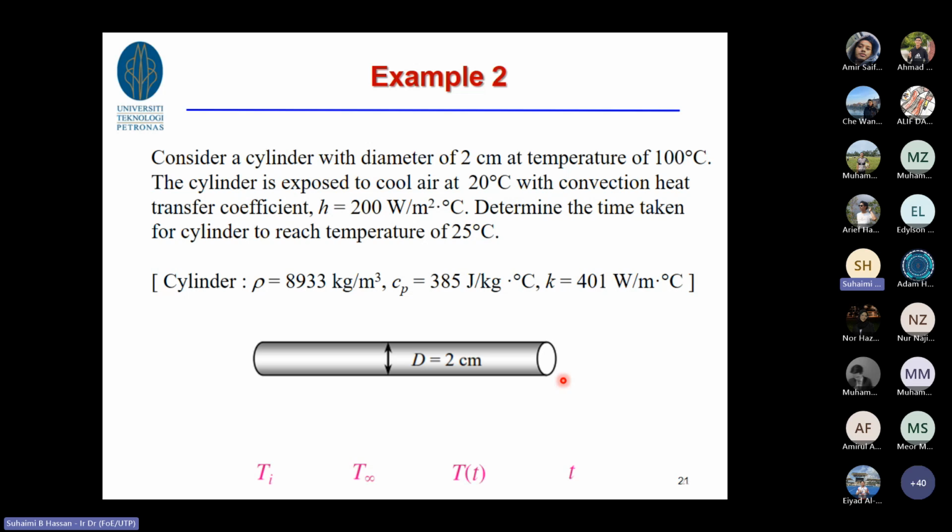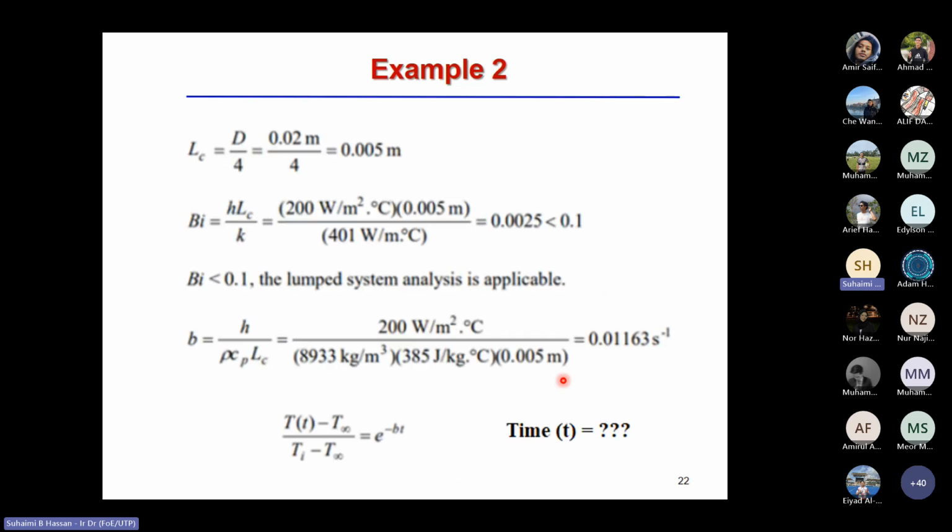Step number one, we have to check the Biot number. Before that, we have to go for the LC. LC is D/4, is cylinder, 0.005. And then we calculate the Biot number HLC/K, H 200, LC 0.005, K 401. You got 0.0025, which is less than 0.1.